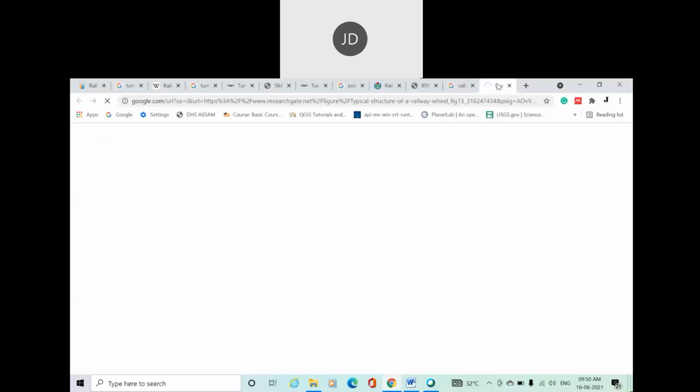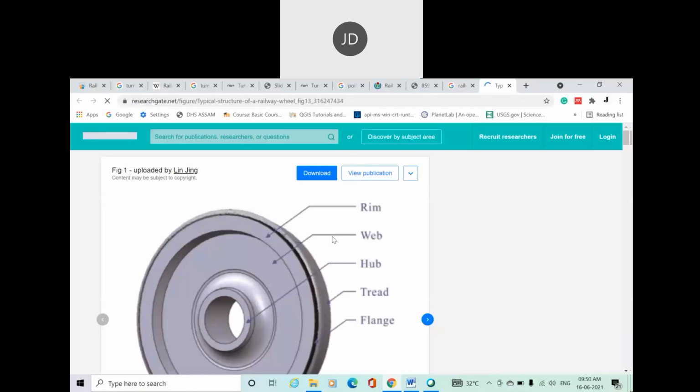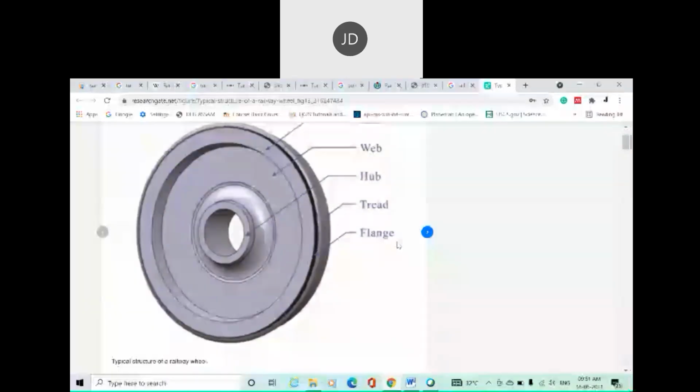Anyway, I'll show you again, because it is very important to understand this point and crossing. In this diagram, it is not clear.